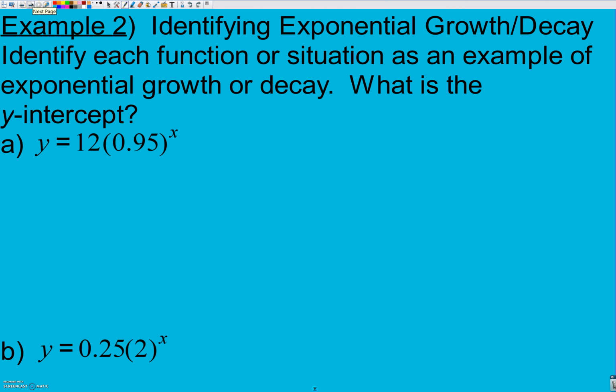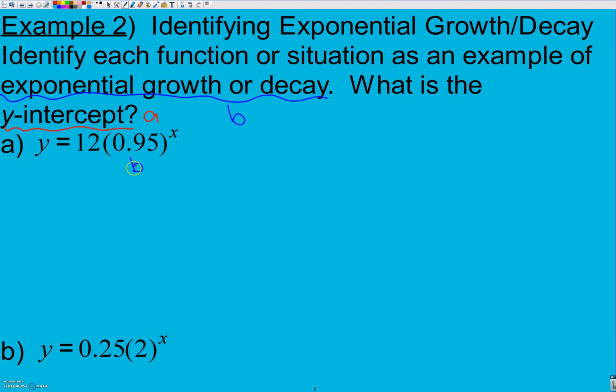If we look at example 2 here, identifying exponential growth and decay, we're going to identify each function or situation as an example of exponential growth or exponential decay, and then figure out what is the y-intercept. So to figure out if it's growth or decay, we need to look at the b value. So growth or decay is our b value, and our y-intercept is our a value.